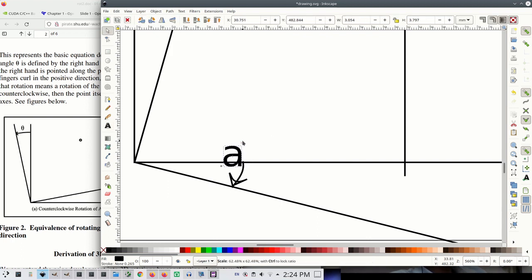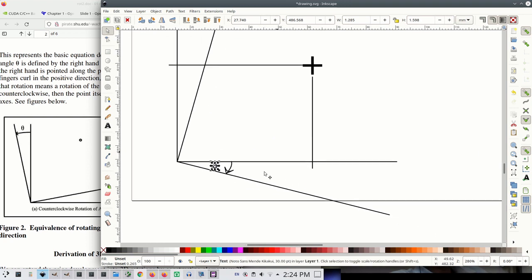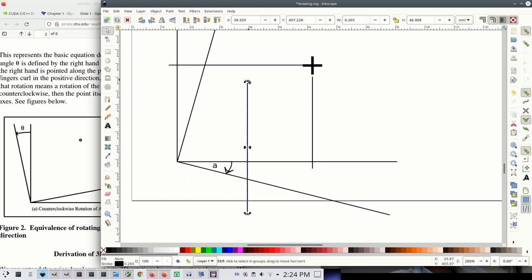So there's our angle A. Now we're going to make a projection from our rotated plane to the point, down to the x rotated.